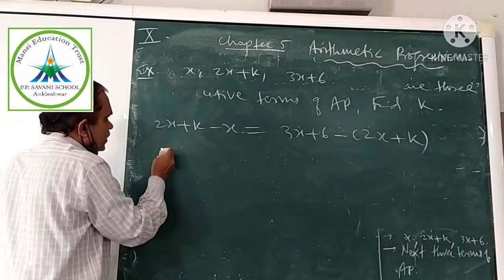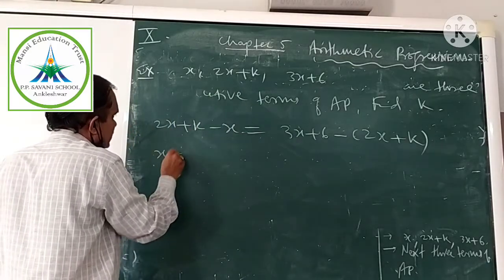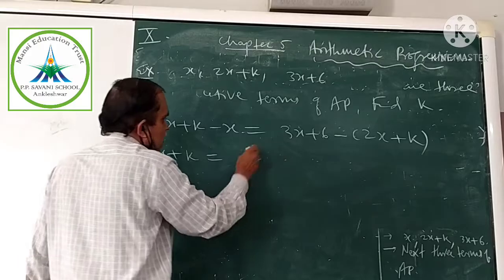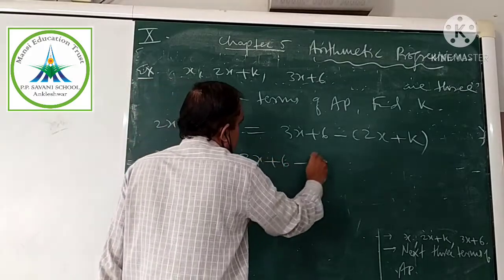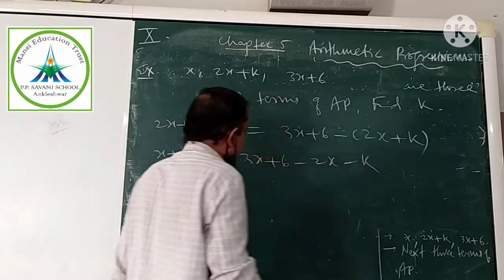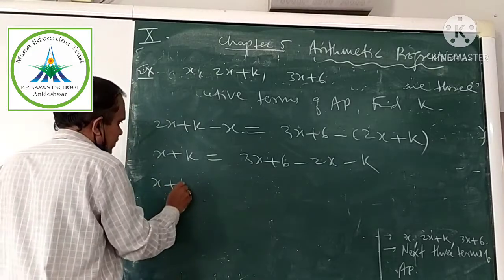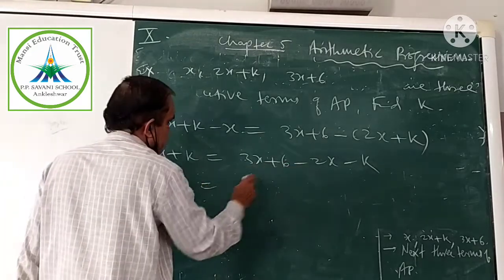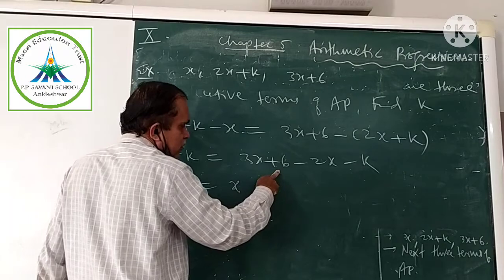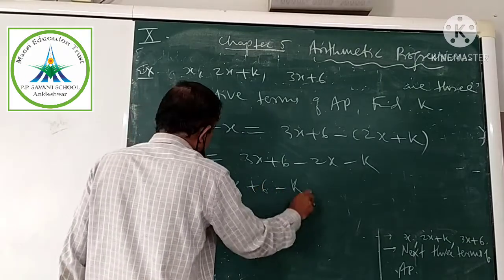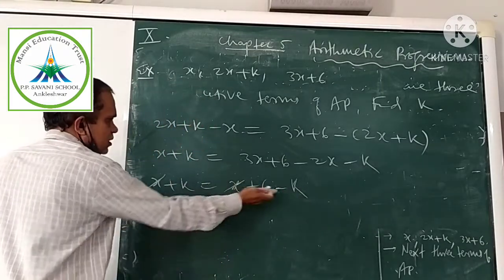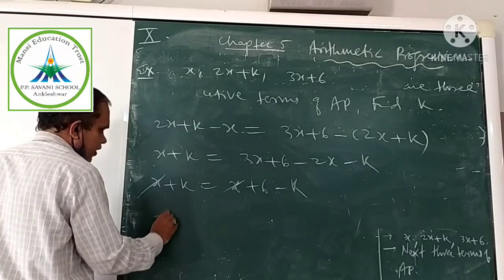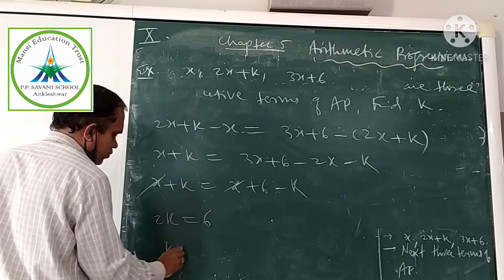Okay, open: 2x minus x plus k equal to 3x plus 6 minus 2x minus k, equal to x plus 6. x plus k, x minus 2x... x plus 6 minus k, x चला गया, minus k comes this side, 2k equal to 6, k equal to 3.